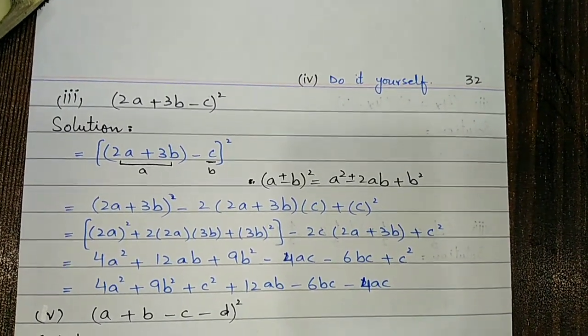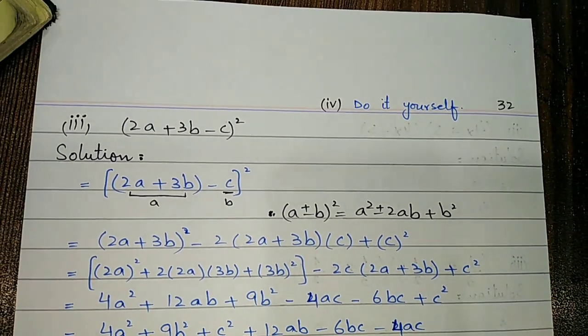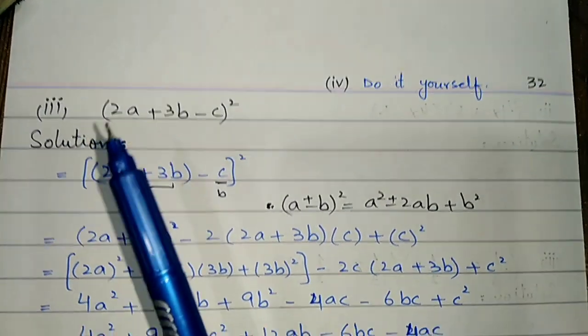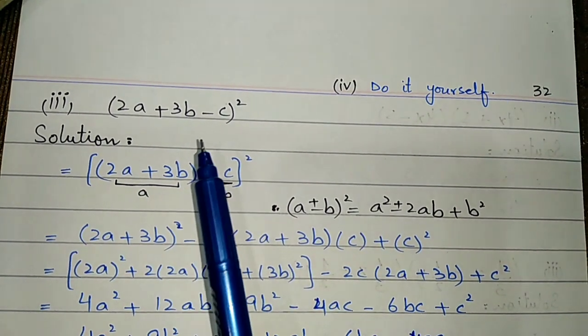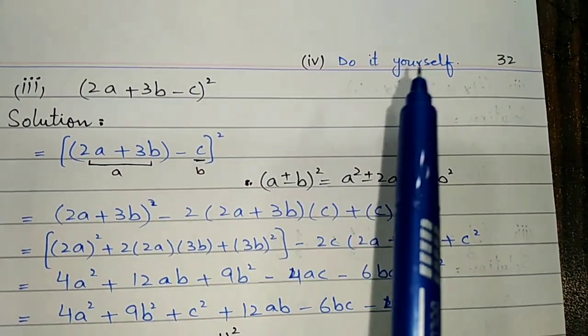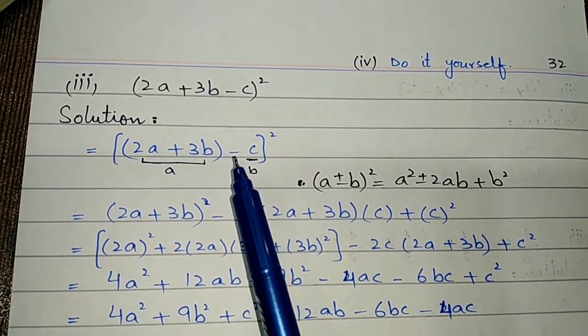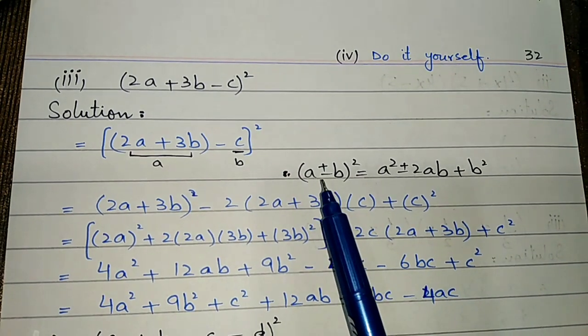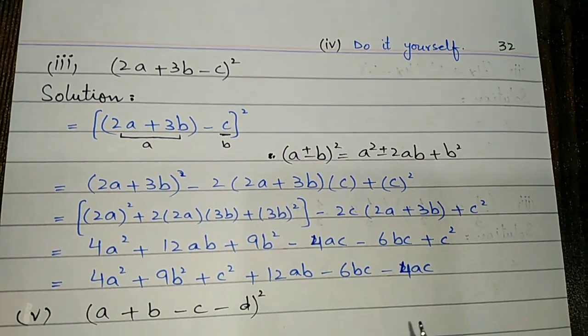Now we move to our third part, that is (2a plus 3b minus c) whole square. We have to convert it into two numbers: 2a plus 3b considered as a, and c considered as b. So now we apply the formula (a minus b) whole square, which equals a square minus 2ab plus b square.